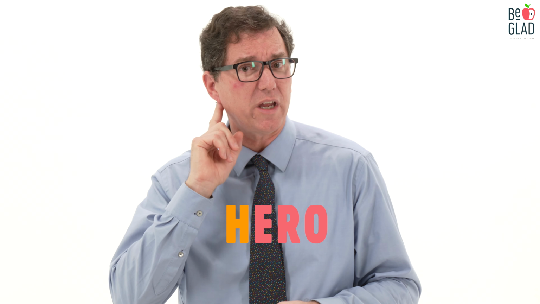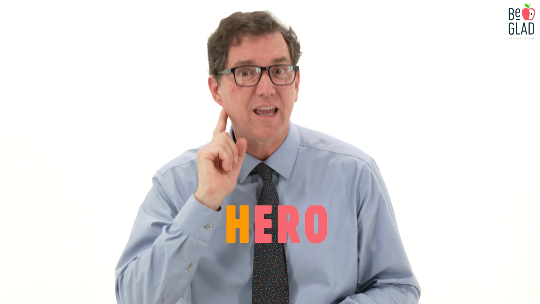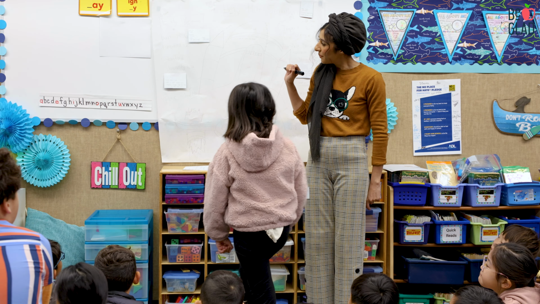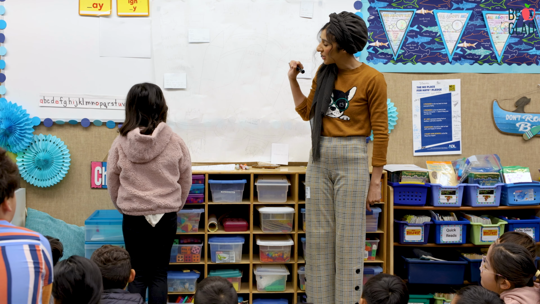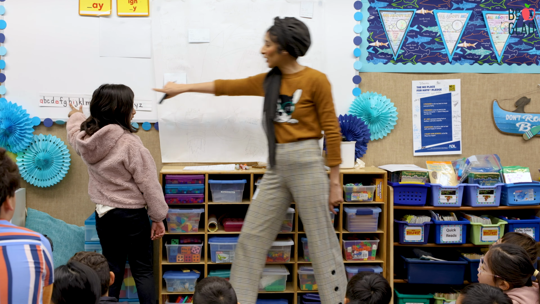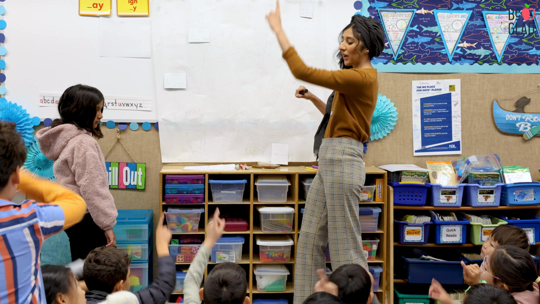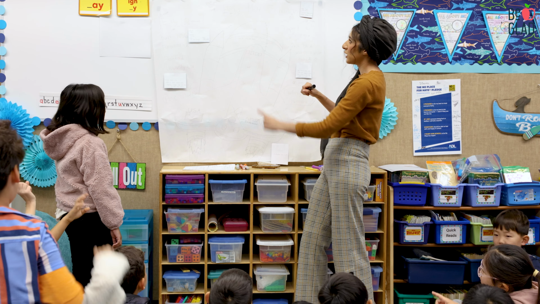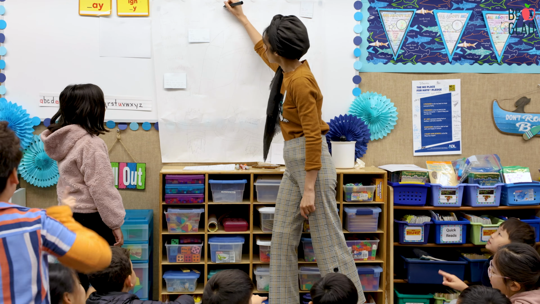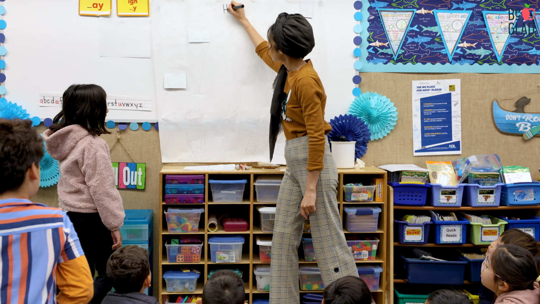What's the sound that we hear? Yes. What letter represents the sound H? Correct. Here, either I can write the H or I can have a student come up and write that letter as part of interactive writing. This is moving into phonics, making the connection between the sound and the written letter.